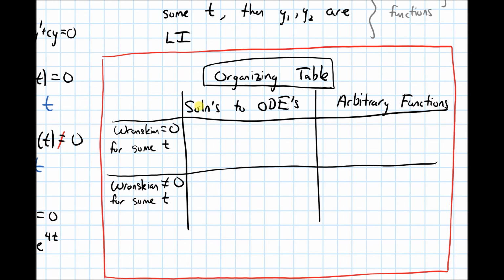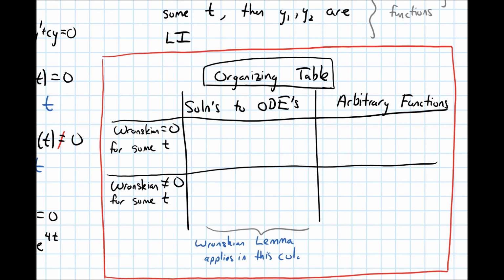So when we're talking about solutions to ODEs, so when we're talking about this column right here, our Wronskian lemma that we talked about earlier in this video will apply.